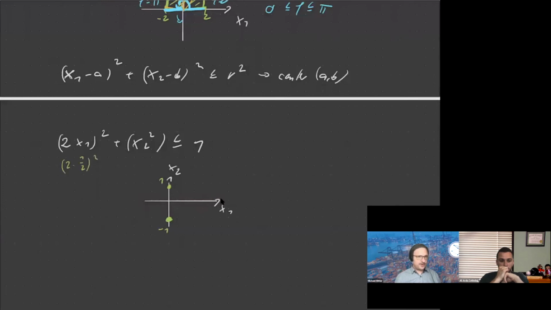That would then be 1. And of course, it can also take a value of -1/2, that's fine. But it can't exceed those, right? So when it goes beyond 1/2, then this 2 times x1 squared would be greater than 1. So the limits for x1 are 1/2 and -1/2.